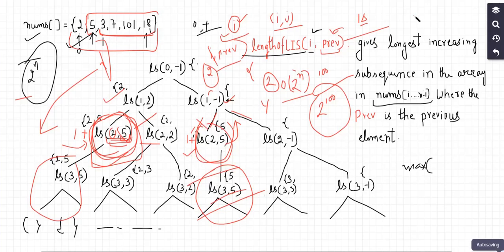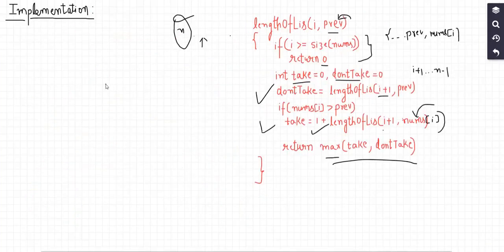So how many unique pairs of these indices are there? If the index i goes from 1 to n and the index j goes from 1 to n, then the number of unique pairs that we have is n into n, and we are taking ordered pairs, so (1, 2) is not equal to (2, 1).